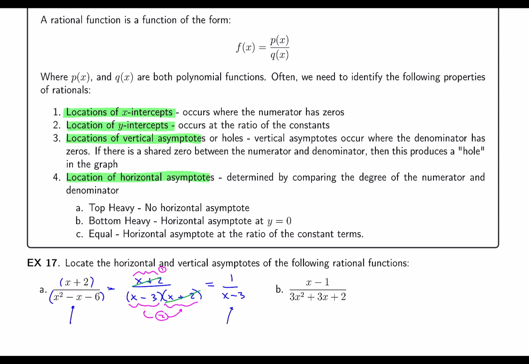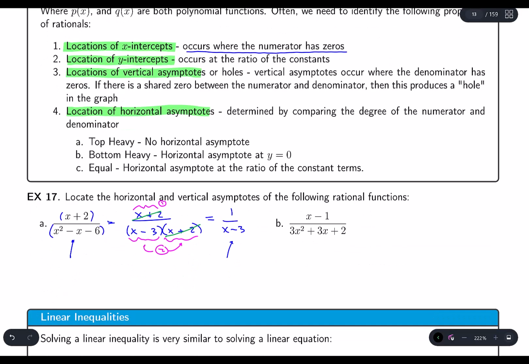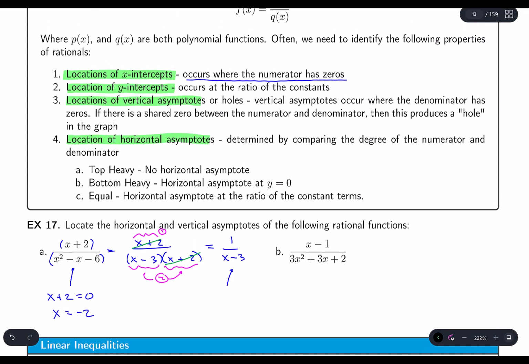Locations of x-intercepts happen whenever the numerator has zeros. So for instance, in this particular equation, this would be where the numerator has zeros, so you would just take x plus 2, set it to 0, and that would give you x equals negative 2. All right, and that's that.